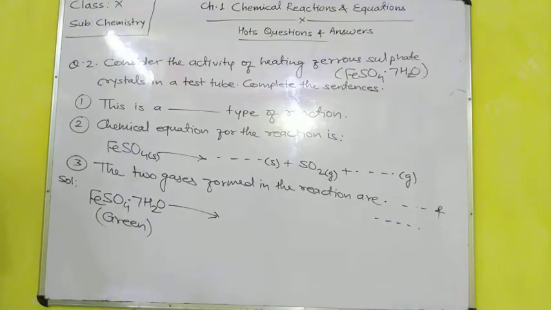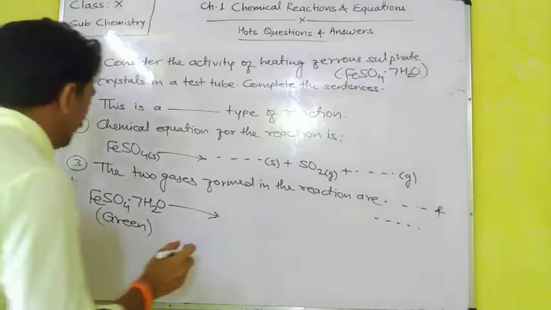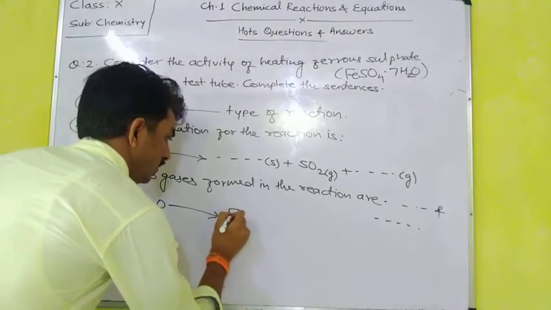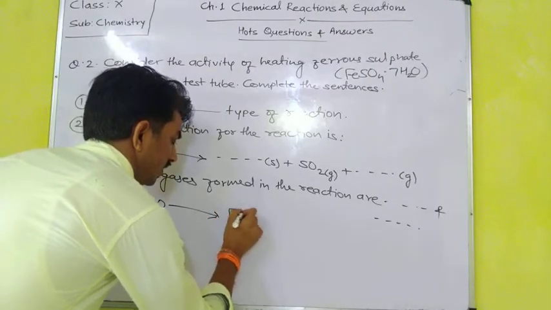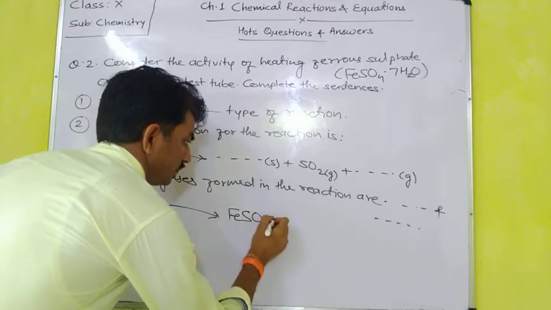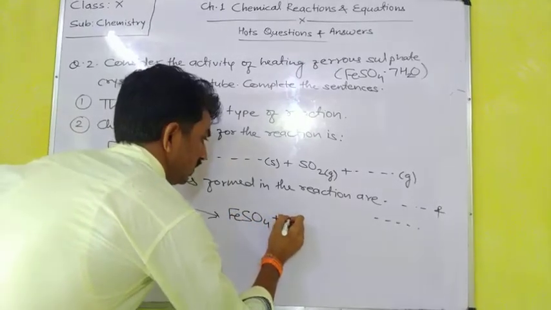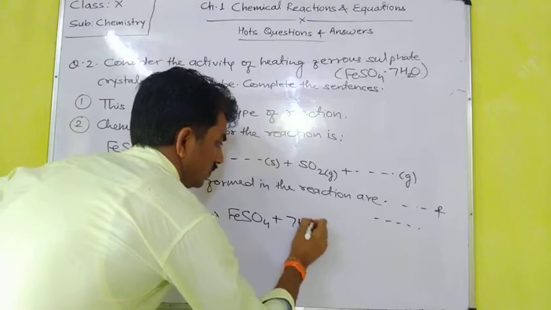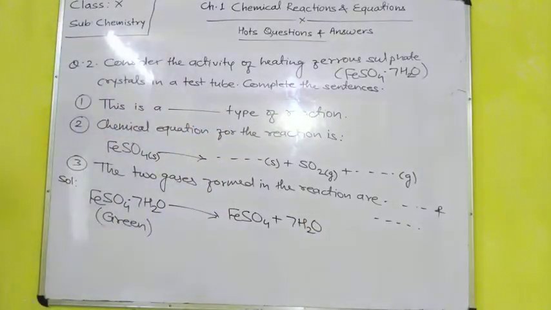When we provide heat, it converts into unhydrated ferrous sulfate, FeSO4 plus 7H2O.